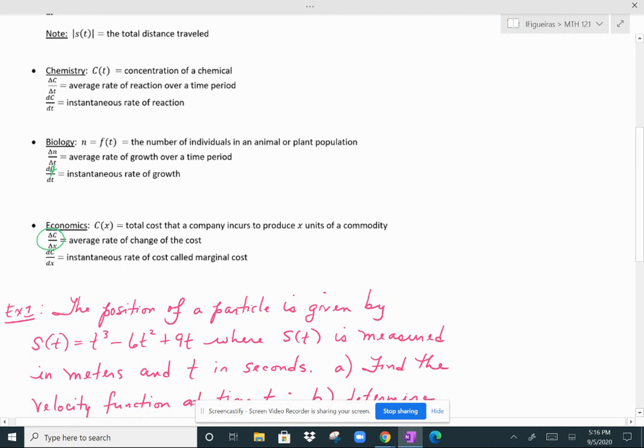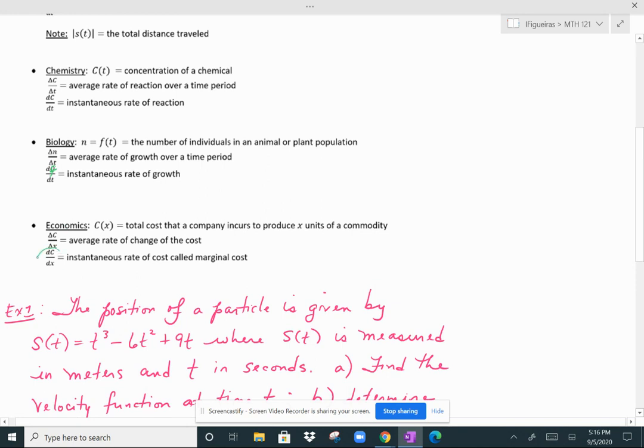ΔC over Δx is the average rate of change of cost. So when you produce one commodity and then more of that commodity, there's going to be some sort of change in cost for producing from commodity 1 to commodity 2, for example. And so again, that's like a typical slope calculation.